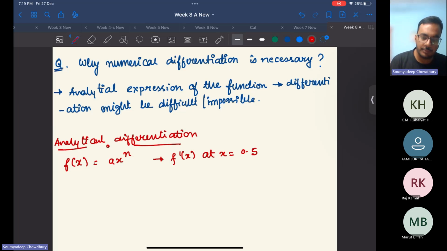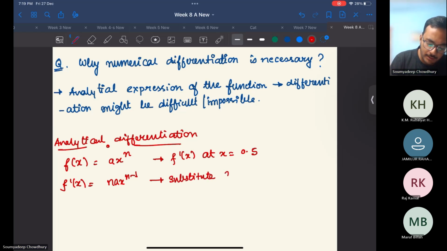Using the normal procedure, we find f dash of x, we get an analytical expression for that. Then we substitute x equals 0.5 in place of x, and we find f dash of 0.5.